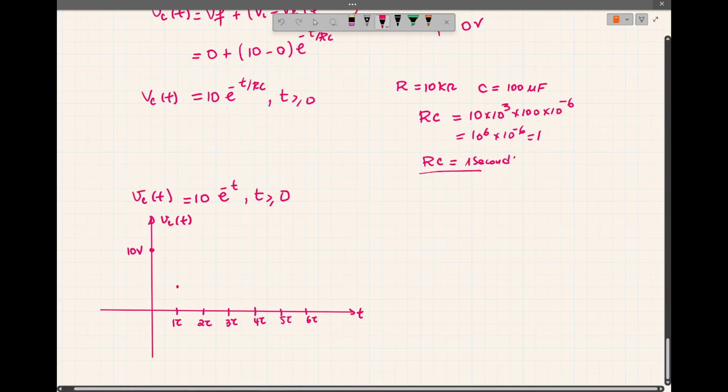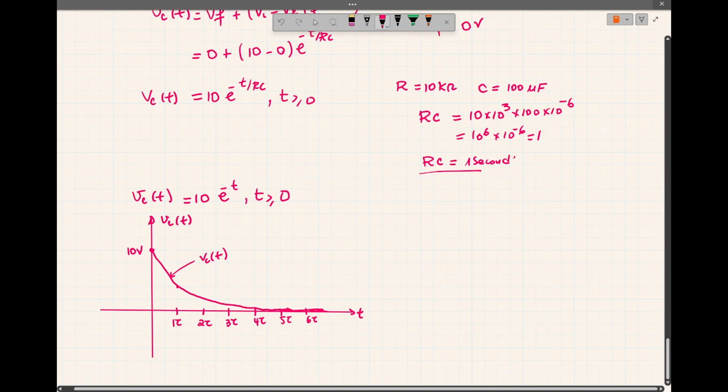After 5 time constants, the voltage will be almost equal to 0. Okay, so that is Vc of t.